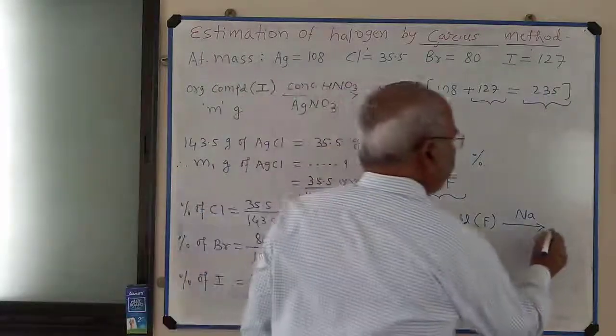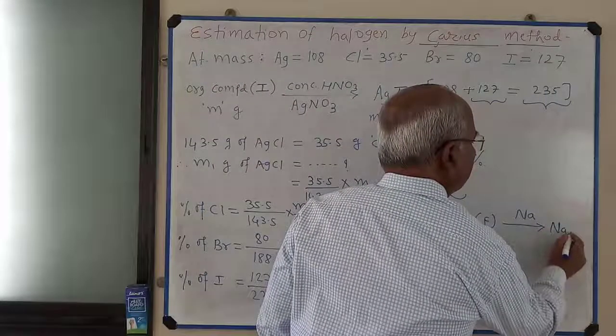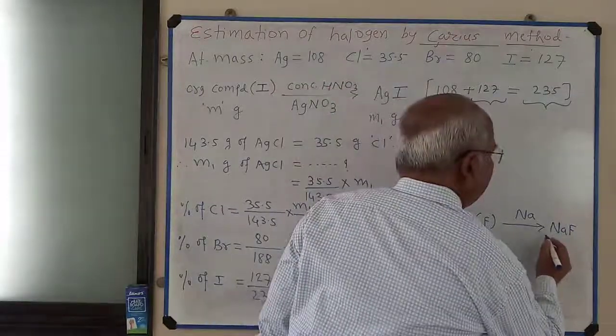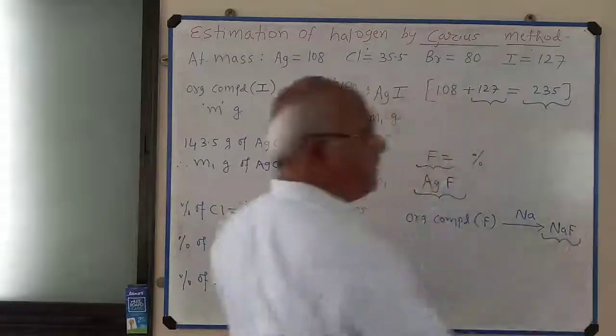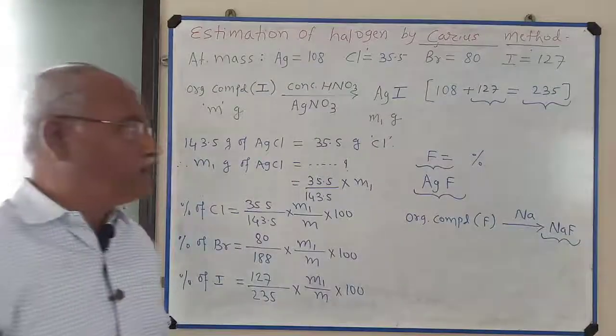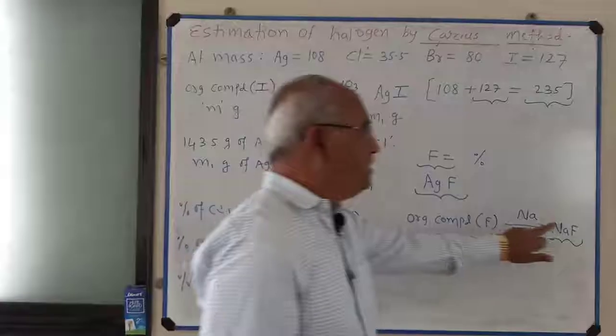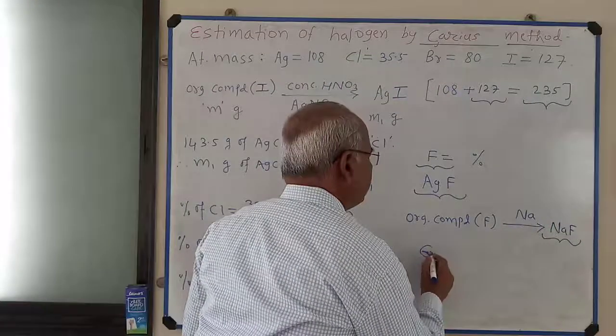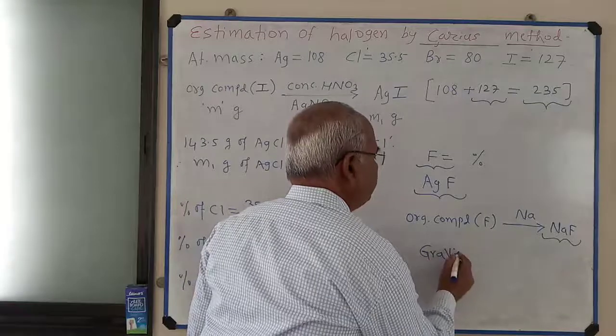Fluorine is converted into sodium fluoride, and from the mass of sodium fluoride, the percentage of fluorine is calculated gravimetrically.